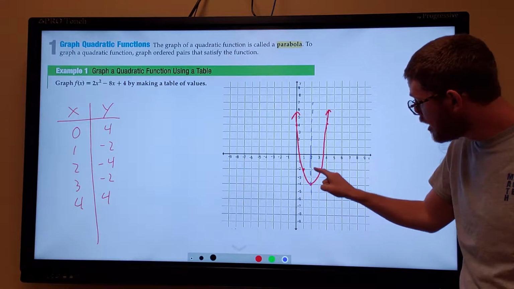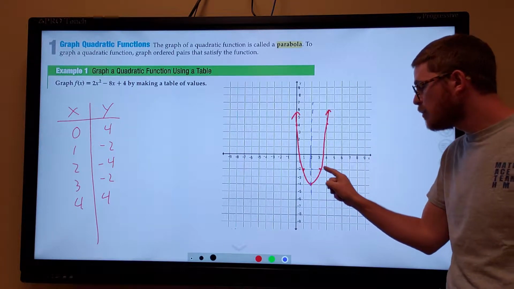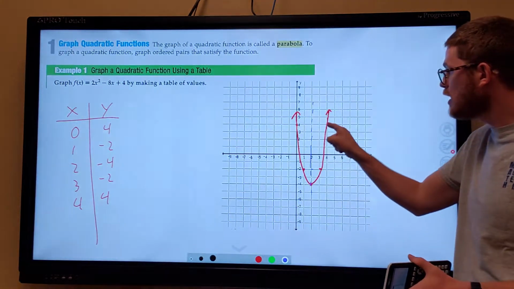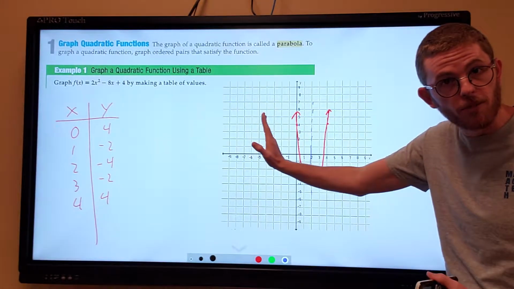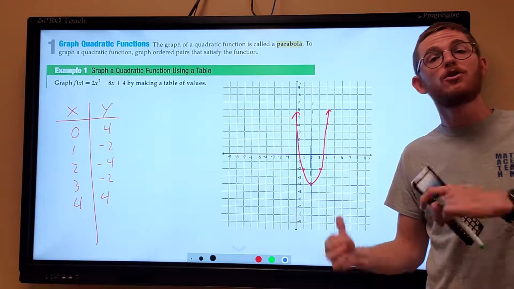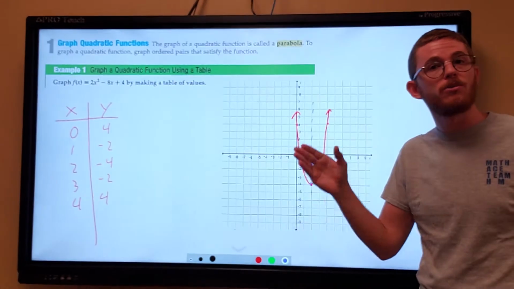And if I'm right here at the center of the graph, I'm over 1 to the left. I'm also going to be over 1 to the right. It's symmetric. And so right here, this point, I knew I had a point 2 units from the center, from the axis of symmetry. So then I'm also going to have a point 2 units to the right. Okay? So quadratics are symmetric.